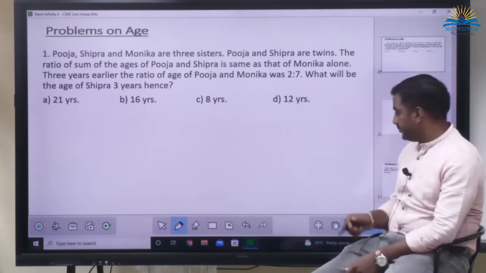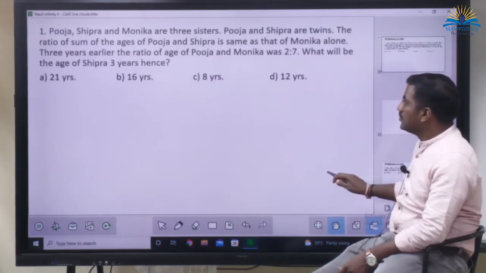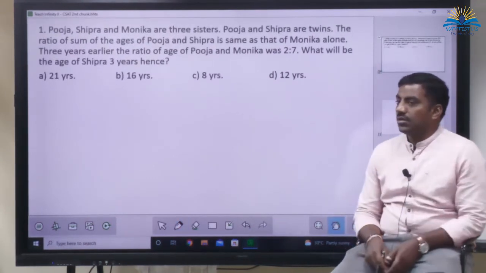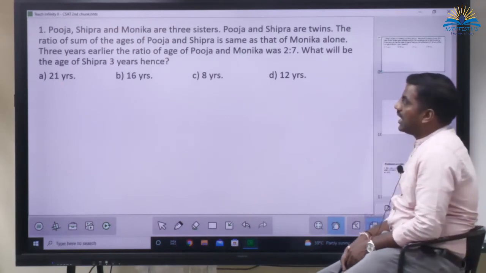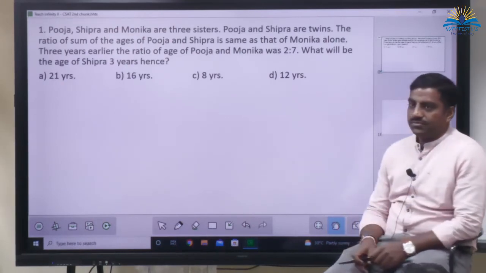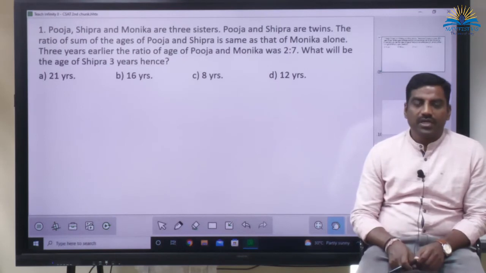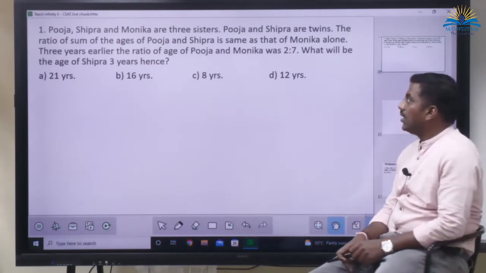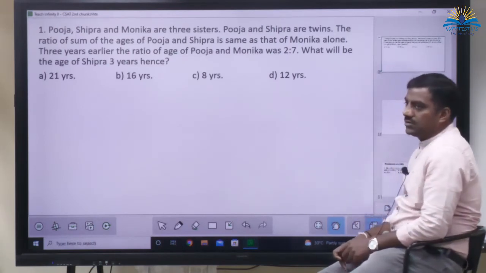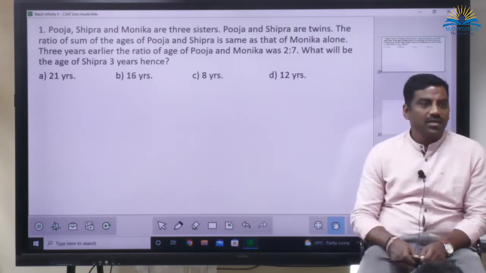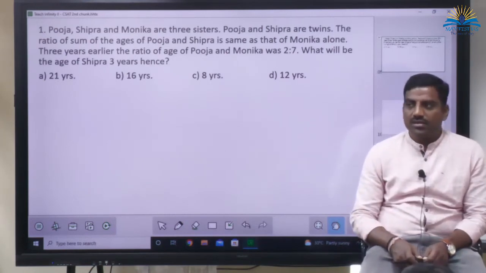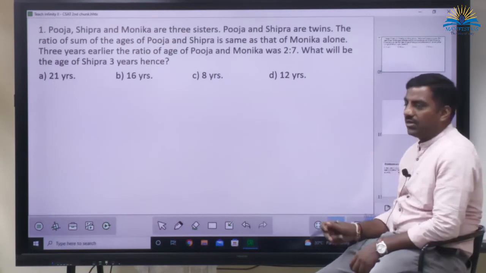Now Pooja. Pooja, Shipra and Monica are 3 sisters. Read carefully. Pooja and Shipra are twins. What I can say here? So write it in equation.